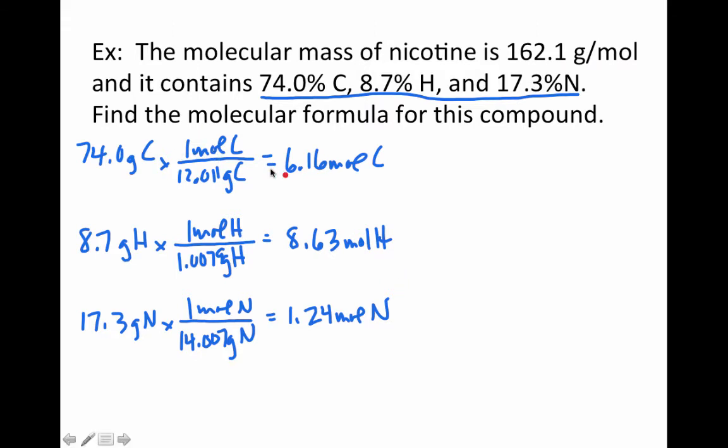Okay, this is a step that people often overlook, so notice I didn't really round yet. So I'm going to divide each by, what's my smallest? This 1.24. All right, so this one's going to come out to 1. This one is going to come out to 5.